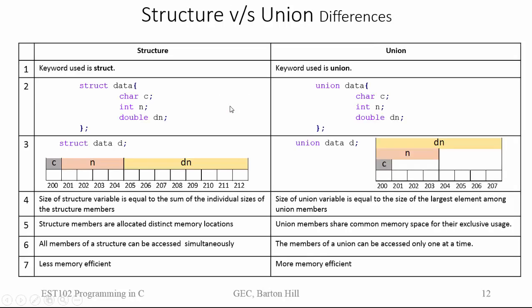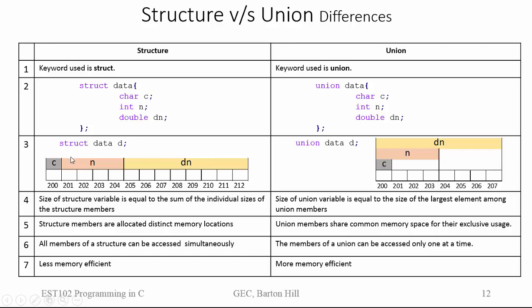Now the differences: for defining a structure, the keyword struct is used. For defining a union, the keyword union is used. Then this is an example like we discussed earlier. Here a structure is defined, and here a union is defined for data, with members char C, int N and double Dn.